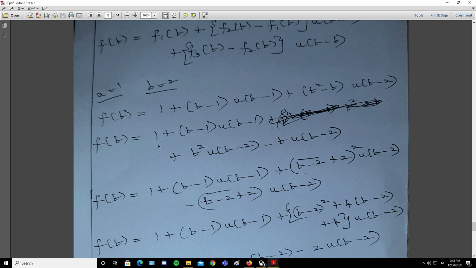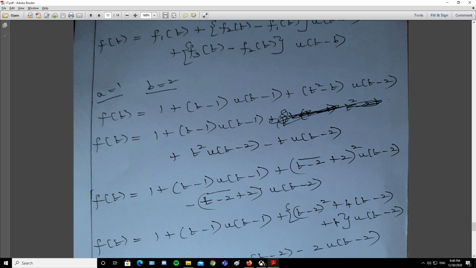So Laplace of 1, you know, 1 by s, and here you have the product, so you can make use of Heaviside shift theorem. And here we are splitting into 2, t square u of t minus 2 minus t into u of t minus 2. So I told you whenever you have the product, you should have the same variable in u and f. So we are adding and subtracting 2 to this t, and here also we are adding and subtracting 2.